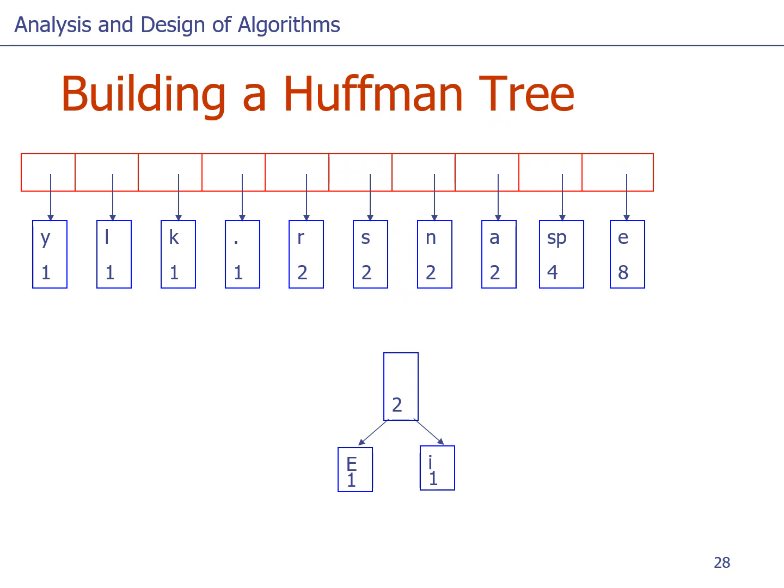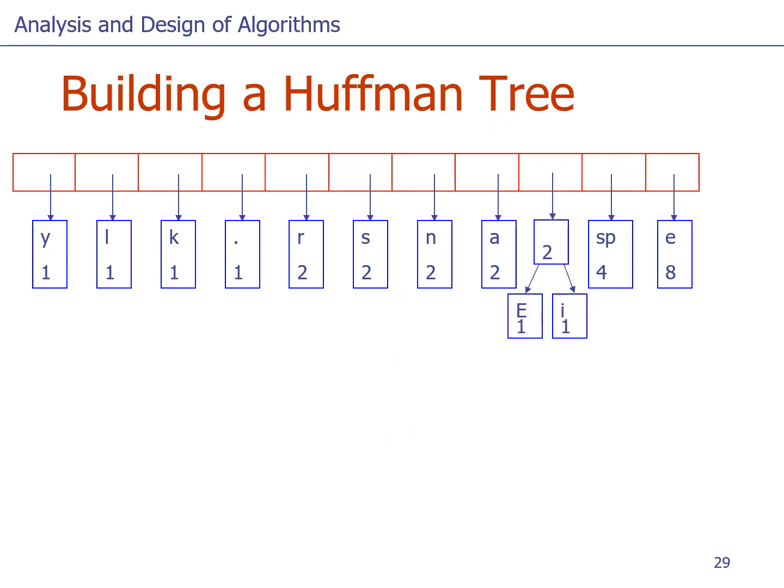So since E was repeated once, i was repeated once, the total is 2, I will put in the new node the value 2. And then I will enqueue this new root, or this small tree that I just created, in the priority queue.